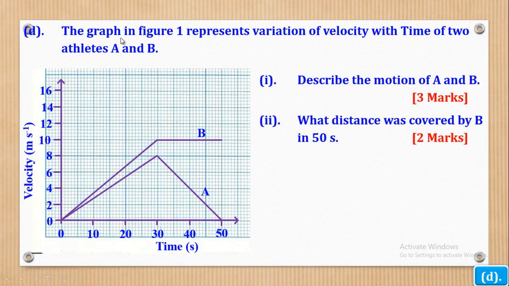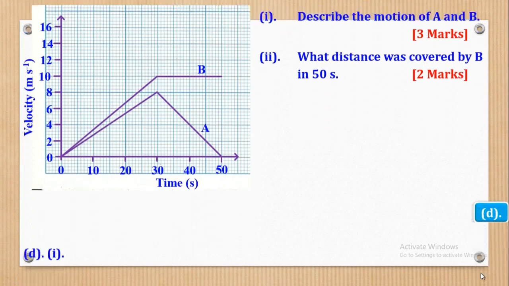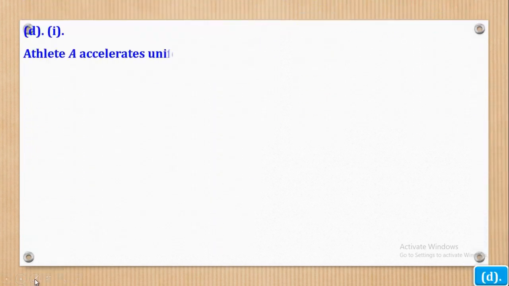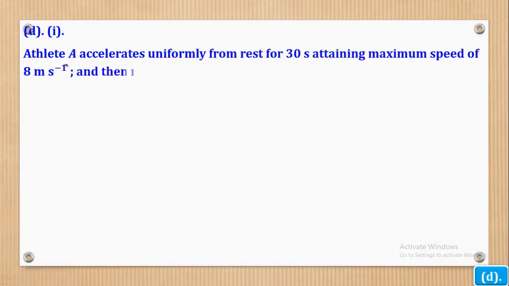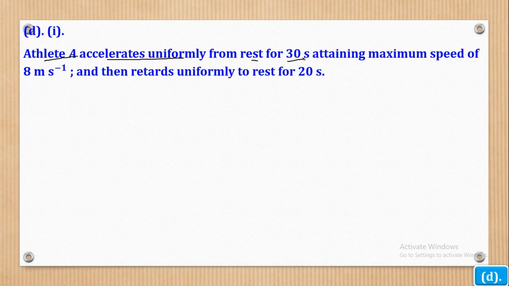Part D says the graph in figure 1 represents the variation of velocity with time of two athletes A and B. Roman 1, describe the motion of A and B. So this is the motion of A and this is the motion of B. So you come up with this: athlete A accelerates uniformly from rest for 30 seconds, attaining a maximum speed of 8 meters per second, and then retards uniformly to rest for 20 seconds.